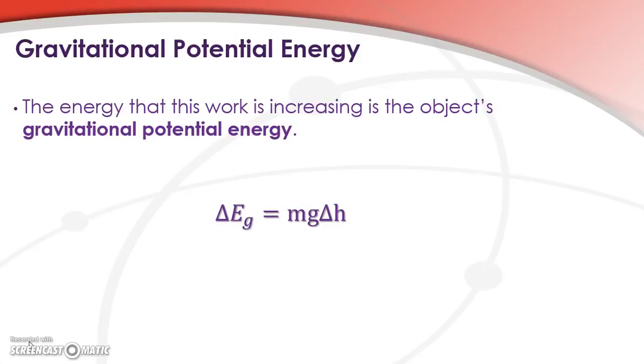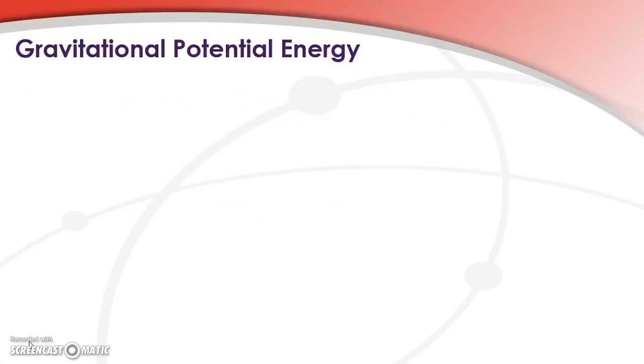So once we've done this, we have a pretty nifty expression for gravitational potential energy, the work required to move something upward. So gravitational potential energy then, we can say it's the mass times g times the height.